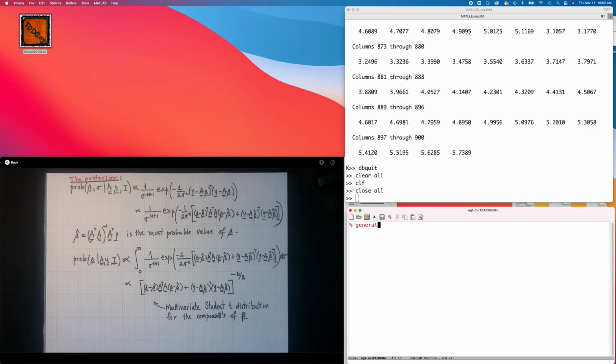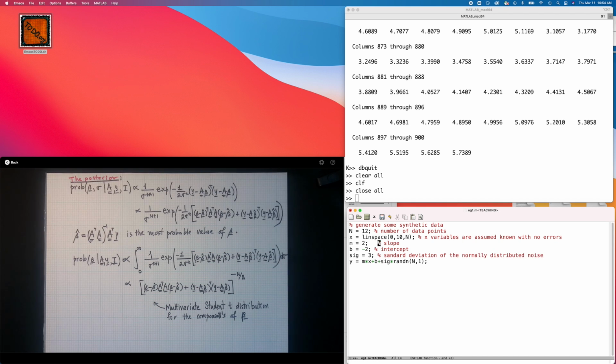And then we're going to do the fitting. All right, so this is our synthetic data, and now we're going to make a plot of it.